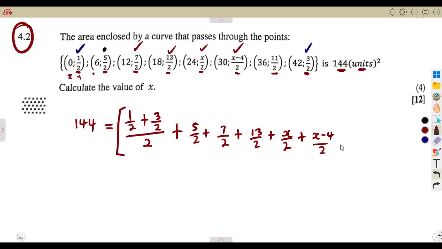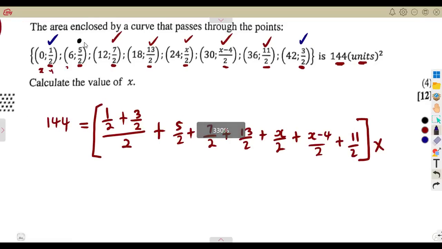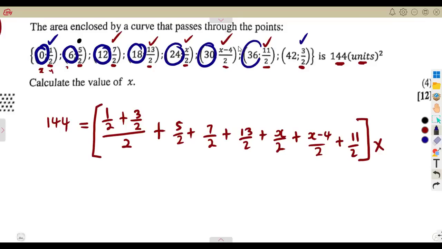So as we can see, we are forming an equation by doing this. 11 over 2. These are the remaining ordinates. We add all of these remaining ordinates. Then we multiply by the distance between the ordinates. The distance between the ordinates is the one that you take from the x values, from 0 to 6 to 12 to 18 to 24 to 30 to 36.